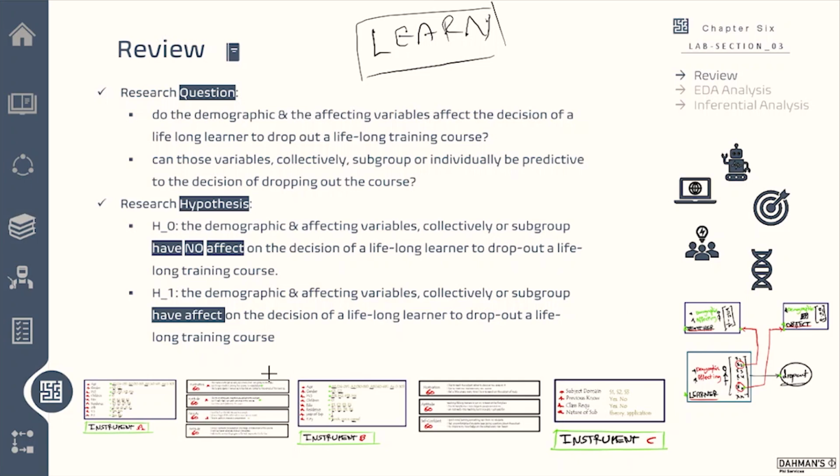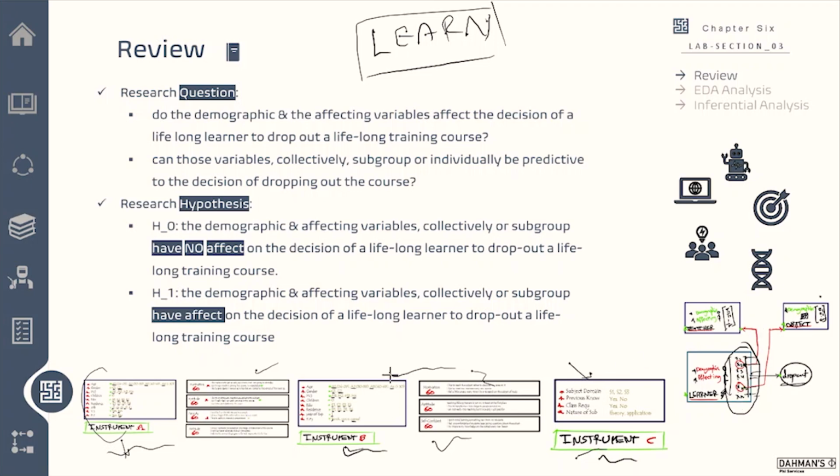Basically, if you look down here, you can see these are the 3 instruments we have been working on, depending on our analysis of creating the research. And at the end, we were able to look at a comprehensive data set that looks like this. It's one vector of one subject, with 2 important vectors here.